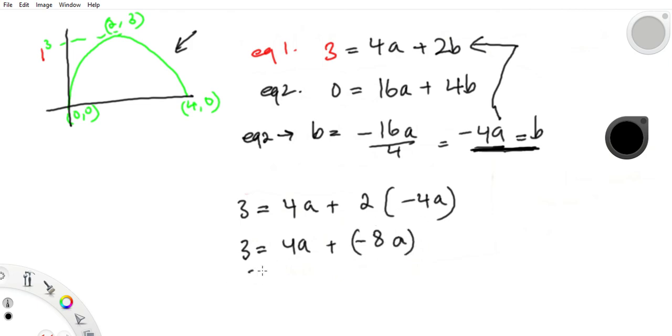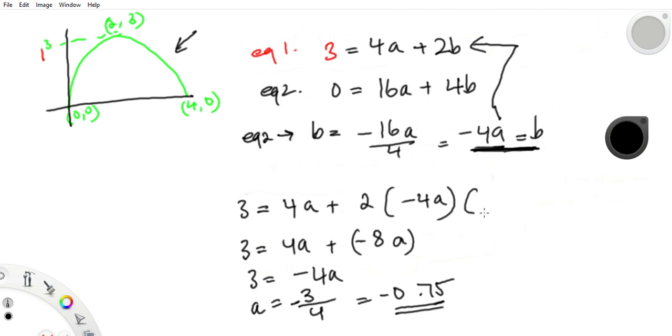Well, that leaves me with minus 4a on this side, and a is 3 over 4, negative 0.75. This is wonderful because now I can find out b. We said over here b is minus 4a, so b equals minus 4 times negative 0.75, I'm going to get a positive number, which is 3.25? 4 times 0.75? No, it's just 3.